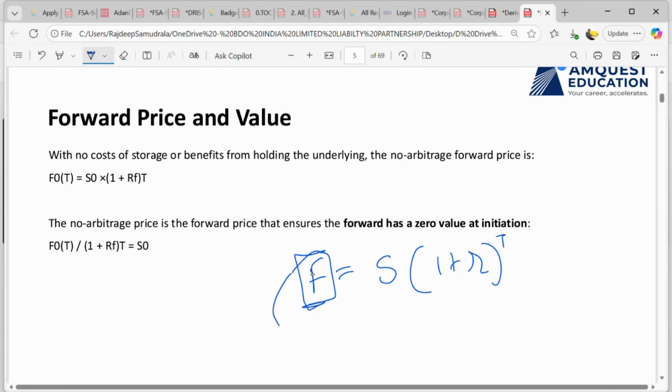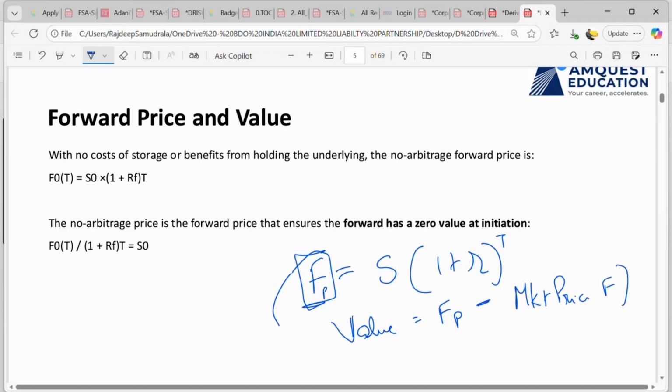Now, what is important is the forward value. Forward value is nothing but the implied forward price. So value is the implied price from the above equation minus the current market price of the forward.